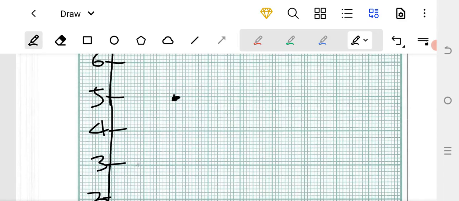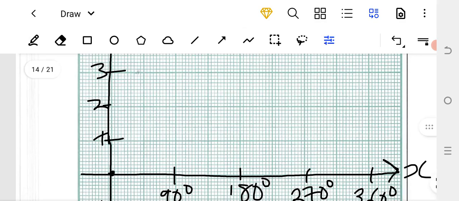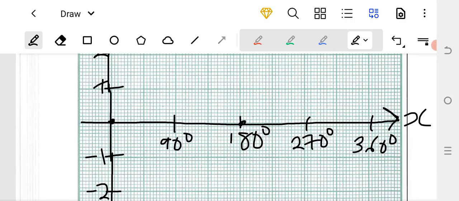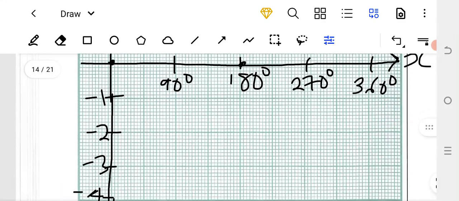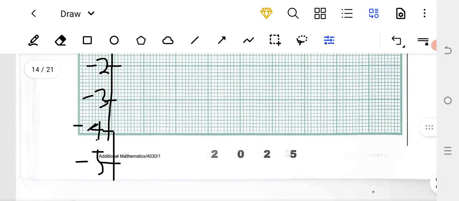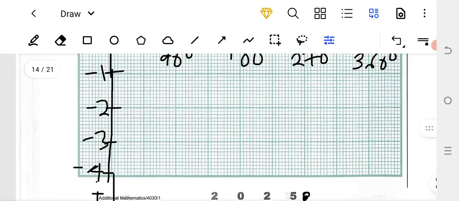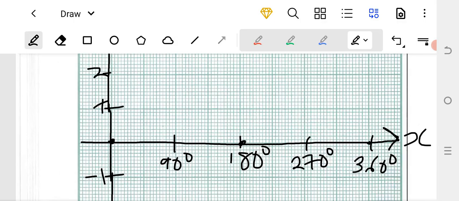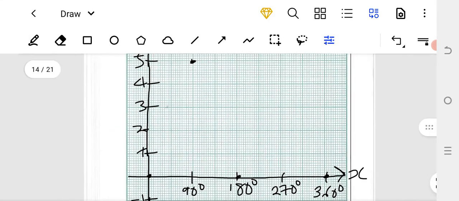That's the amplitude. And then it's going to go back to 0 at 180. Then its lowest point is negative 5 at 270 degrees, somewhere there, right? And then it's going to be back to 360 degrees.